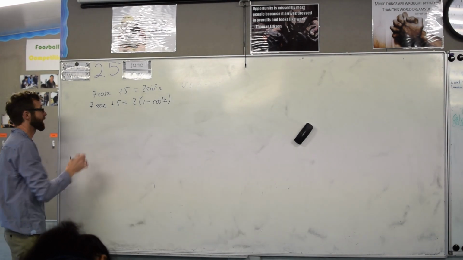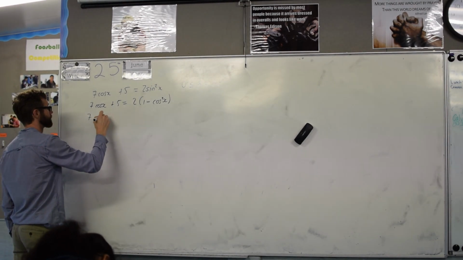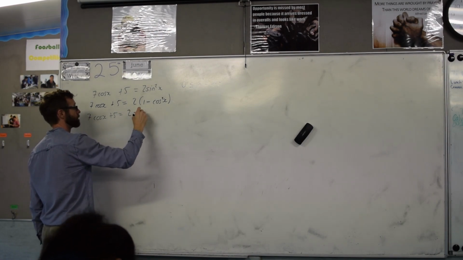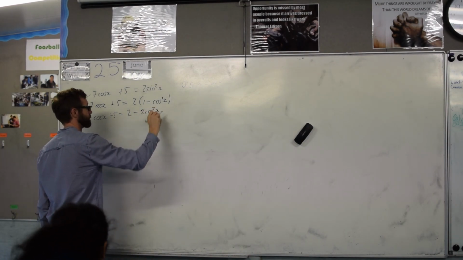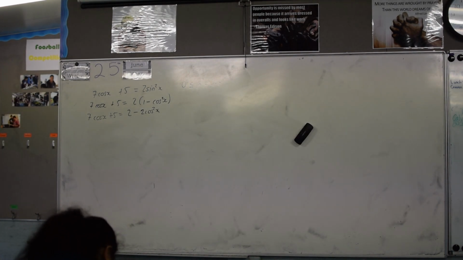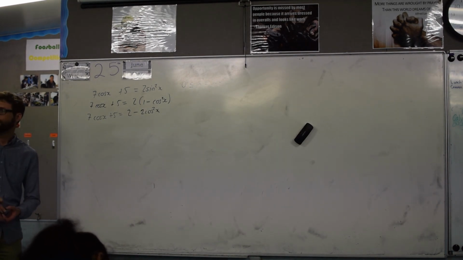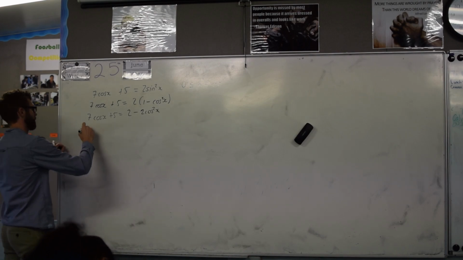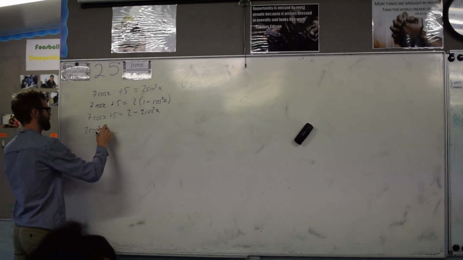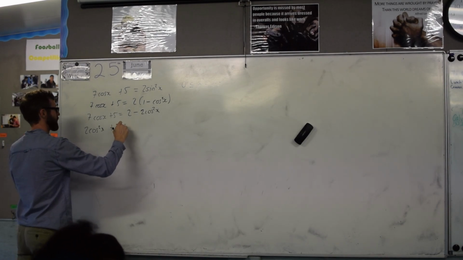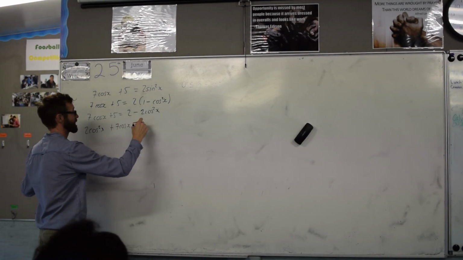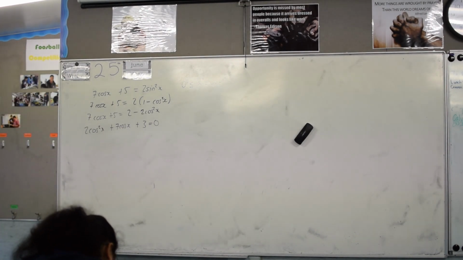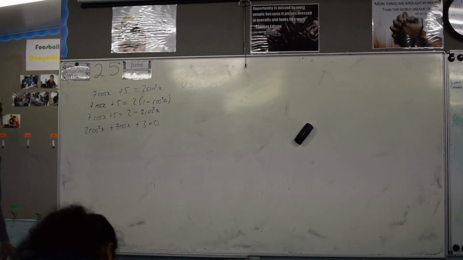Second step, what are we doing? Expand brackets. So, 2 minus 2 cosine squared x. Nice. And you pull everything across to the left-hand side here. So we have 2 cosine squared x plus 7 cosine x plus 3 equals 0. Oh, look at that. Can we factorise?